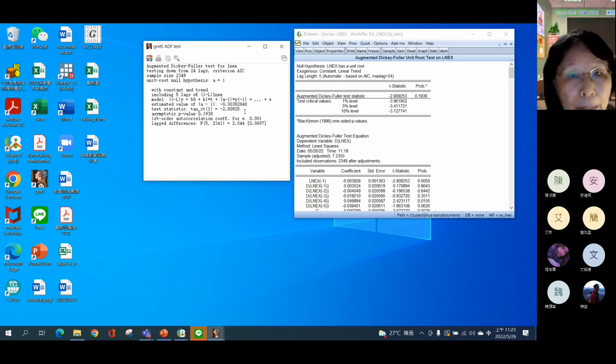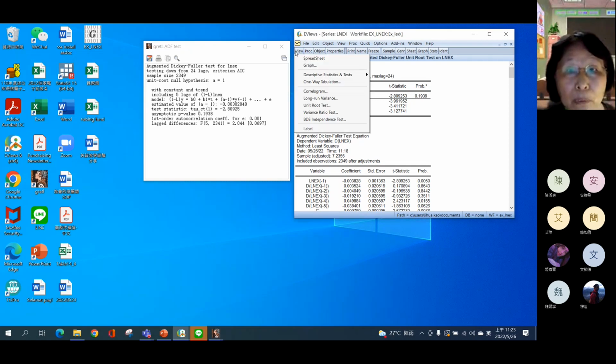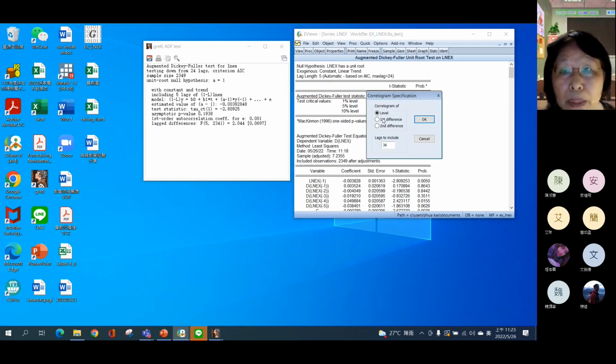If you're using the correlogram, the lag here can go up to 1/3 or 1/4 of the original data. So for example, if we have 2,355 observations, I can use 1/4, and that's about 600, right?